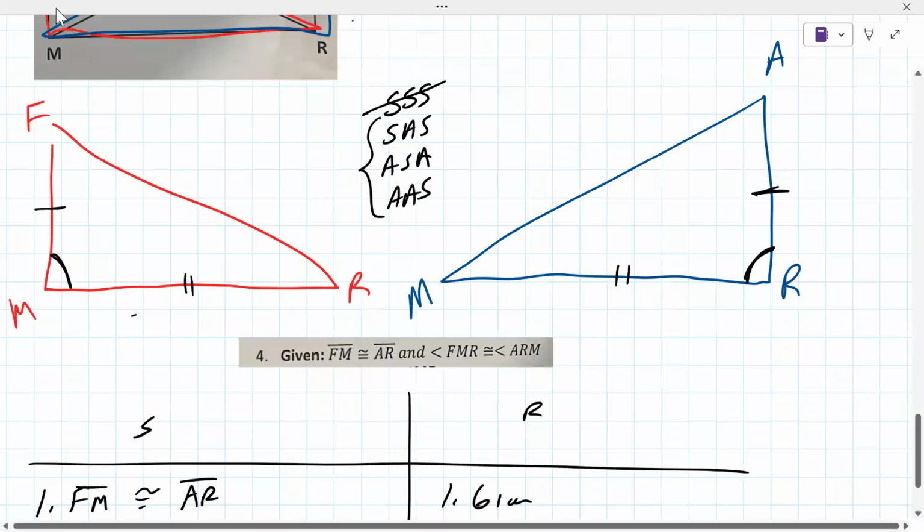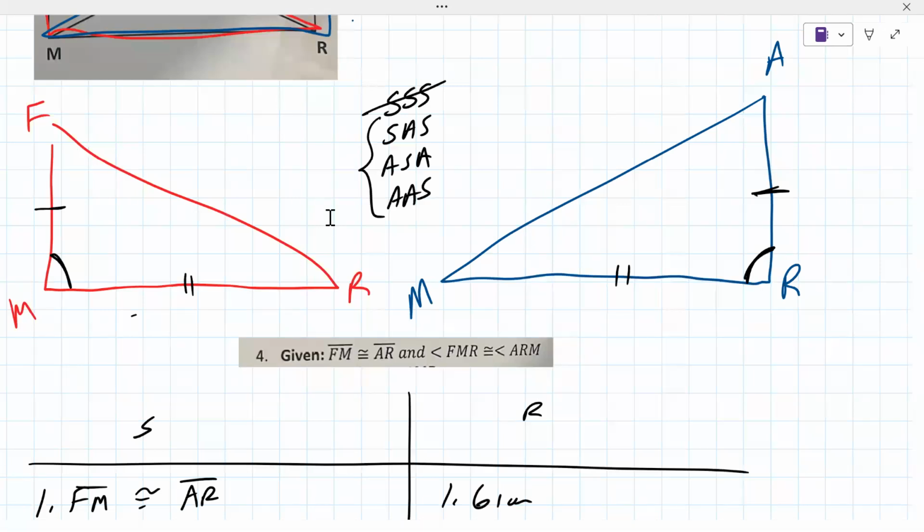Wait, no, I want to use F. The first one doesn't matter, you can pick whatever order you want for the first one as long as the second is the same. Right, FRM. It really doesn't matter, any of them work. You just have to be consistent. FMR, AMR.